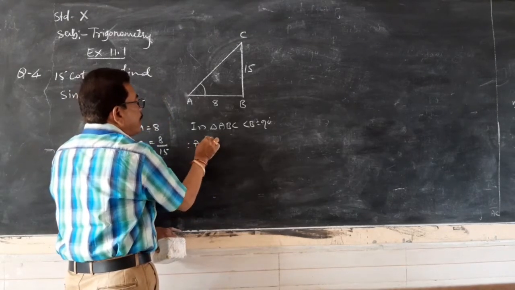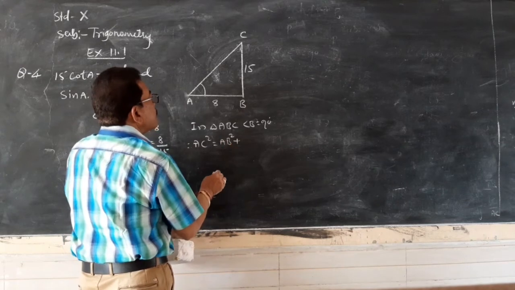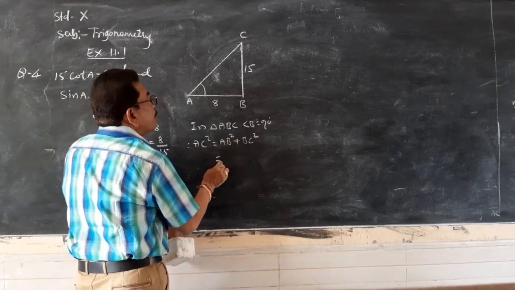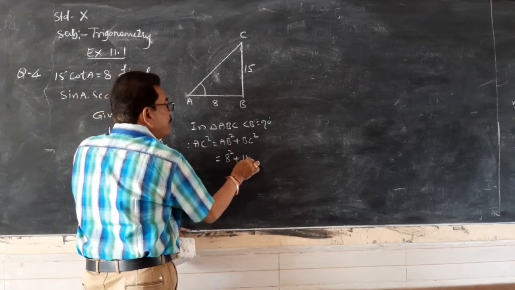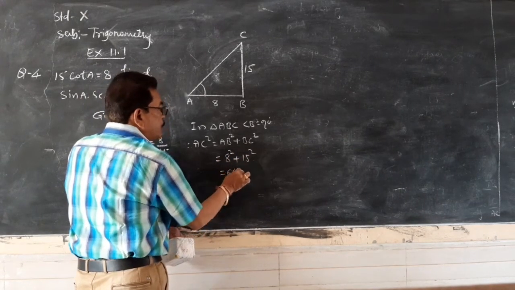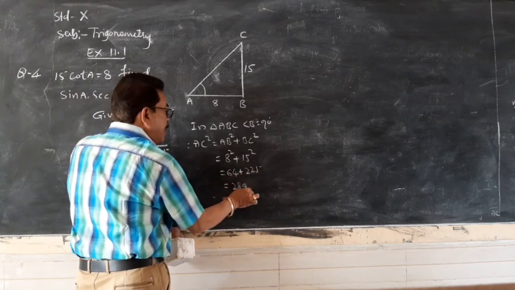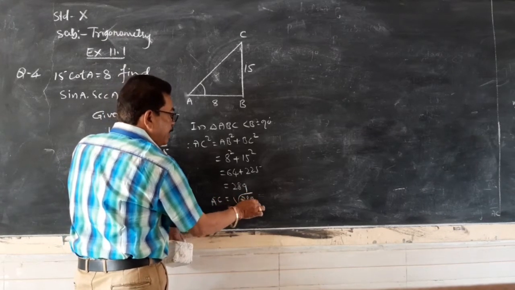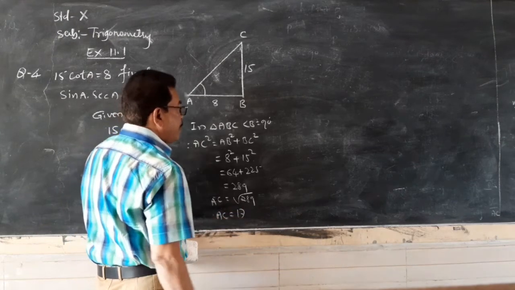Therefore, AC square equals AB square plus BC square. AB 8 square plus BC 15 square, 64 plus 225, 289. AC equals square root of 289. Therefore, AC equals 17.